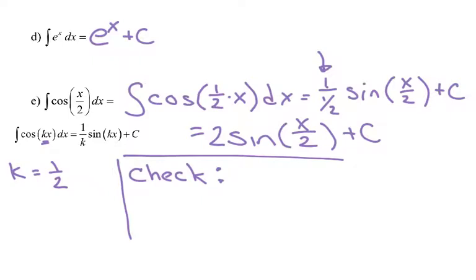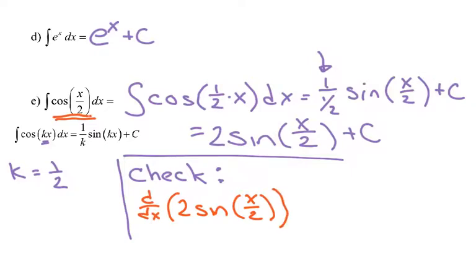You take the derivative of the antiderivative and see if that does indeed give you what you are trying to find the antiderivative of. So what is the derivative of this? We can ignore the plus c because the derivative of c is 0. Well, let's think about this. What's the derivative of sine? That is 2 times the cosine of x over 2.